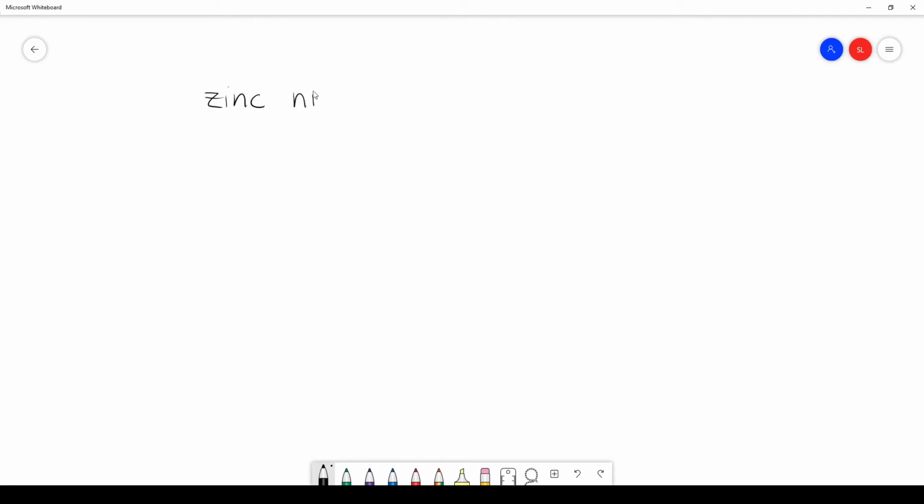So our first example is zinc nitride. One thing to remember about ionic compounds, and that is they also consist of just 2 words, and the first word is always the cation name, and the second word is always the anion name.